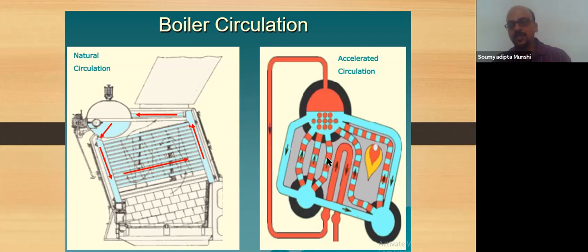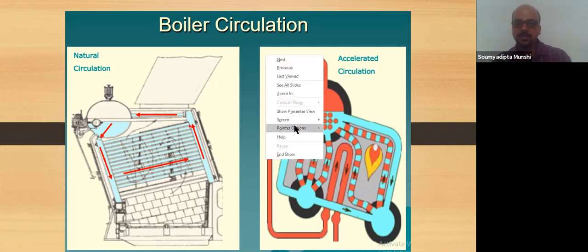But if you see the accelerated circulation picture, you can see that the tubes are in a vertical position. That means due to that vertical position, or you can say due to gravity, the circulation is accelerated. So this is the basic difference between natural circulation and accelerated circulation.